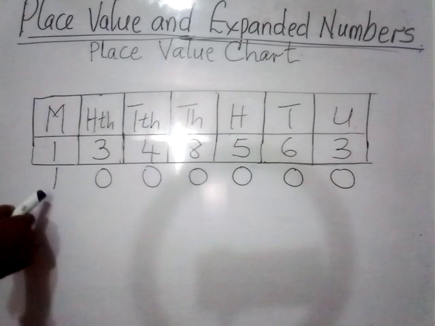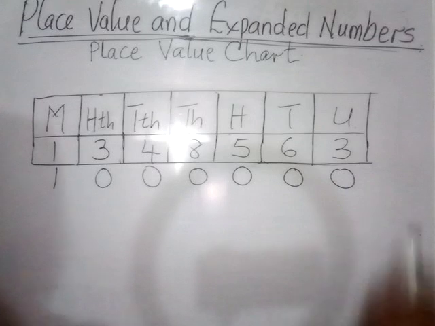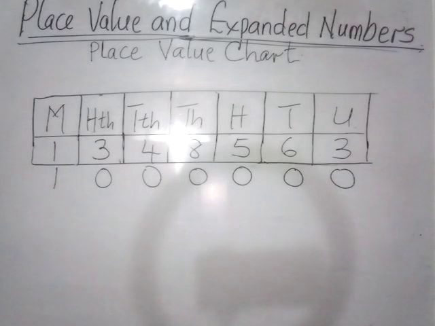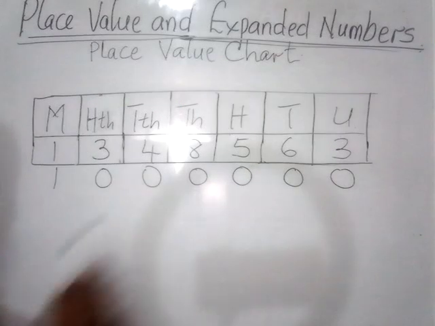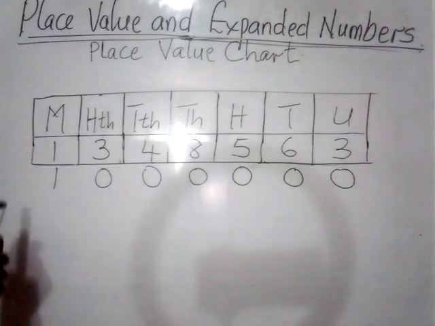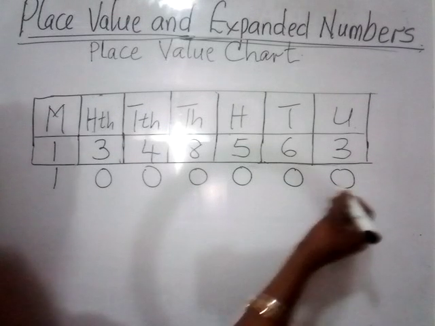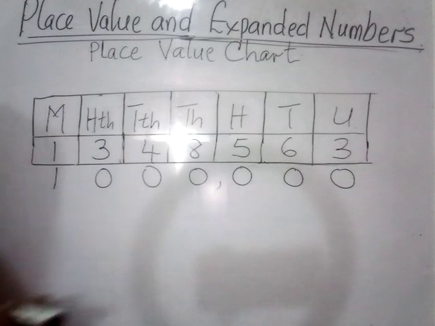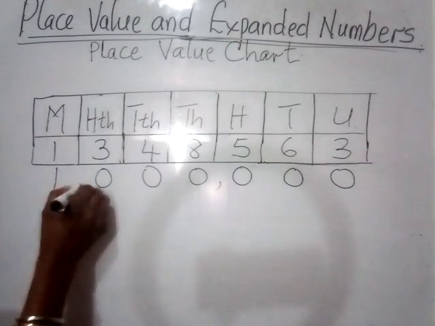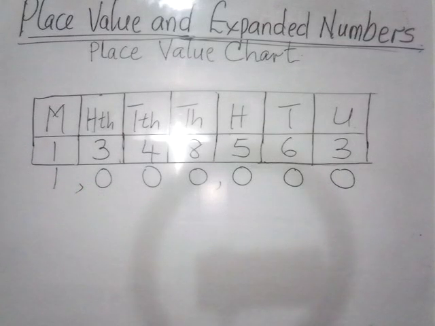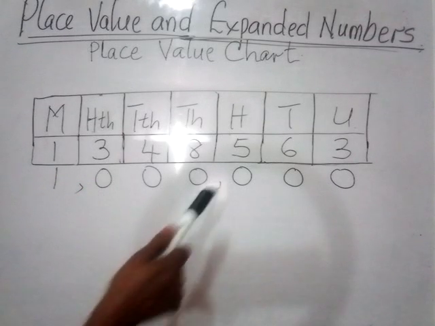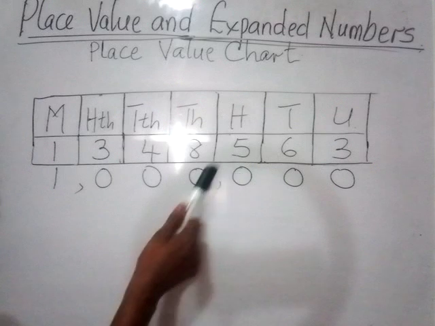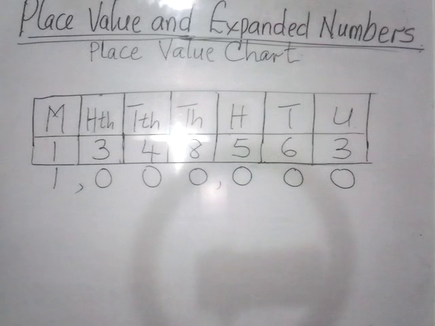You write your 1, and then every digit to the right of this digit becomes 0. So this one, as you see, it is 1, 2, 3. Remember, we are putting our commas after every 3 digits. And we are also going to explain why we put our commas after every 3 digits.